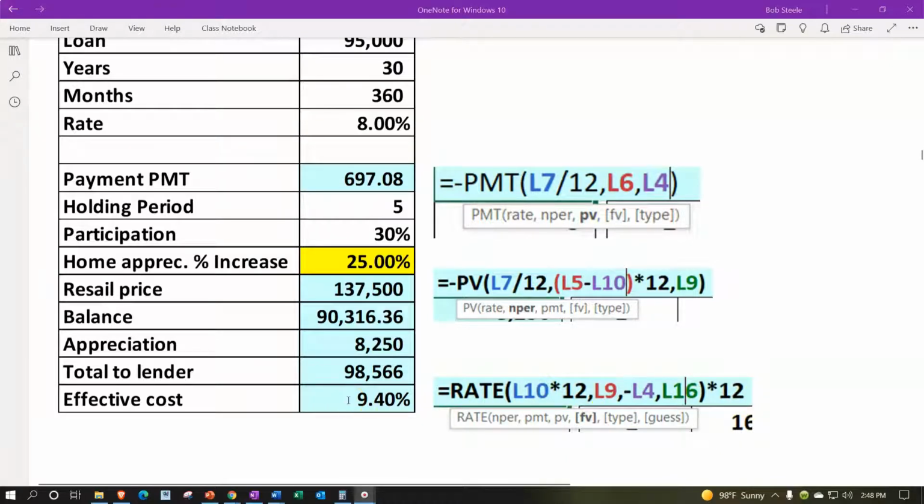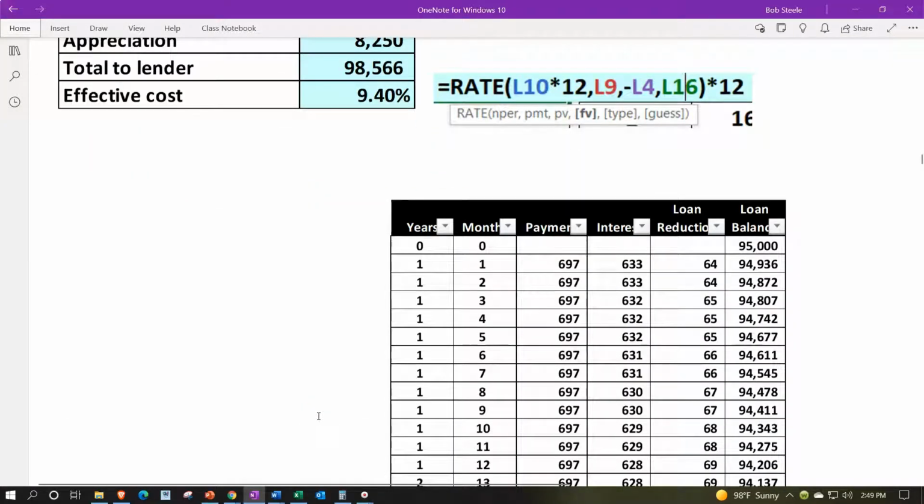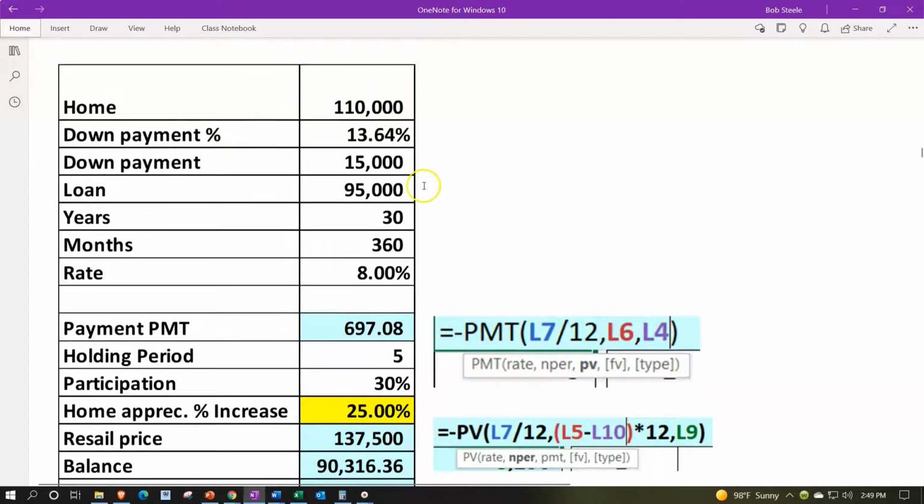Now, this might be a little bit more intuitive if we do this with the IRR calculation, looking at the cash flows, and we'll see that shortly. Now, if we were to construct the straightforward amortization table, we're assuming to sell it or at least appraise it after 5 years, but we still have just a 30-year amortization table, so the $95,000 was the loan amount we had up top.